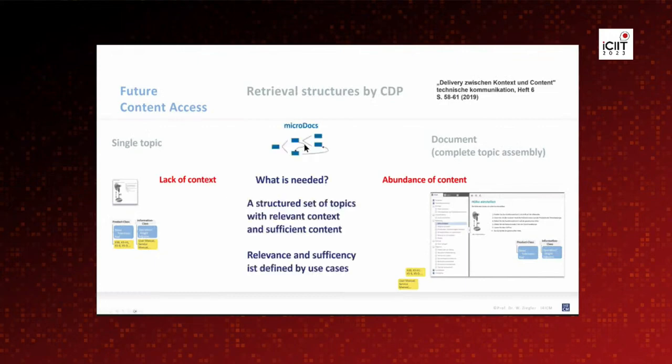Let's go here. Once you deliver your content in a topic-based manner, there's still some requirement to have a structured set of topics which have a relevant context, which belong to each other, which describe a use case for any kind of repair or something. So it would in many cases be quite helpful to have some, well, let's call them rules, for what kind of topics should be displayed together.